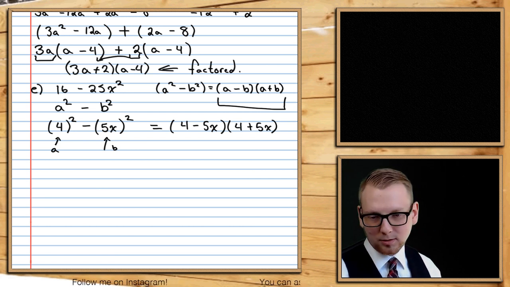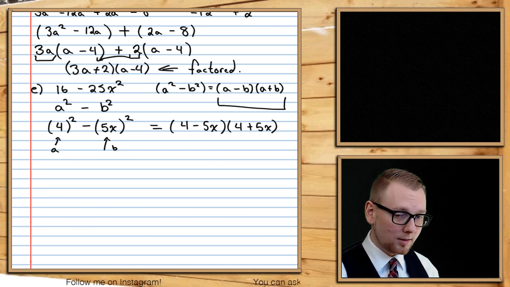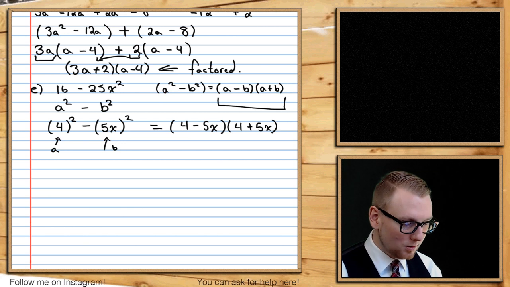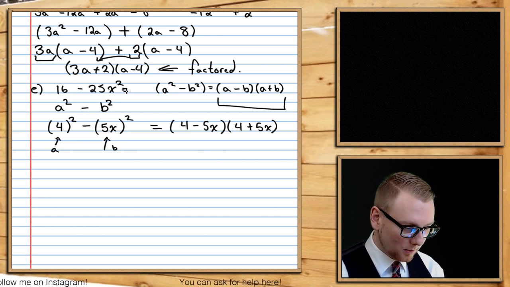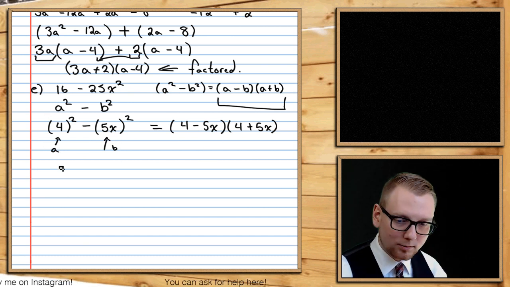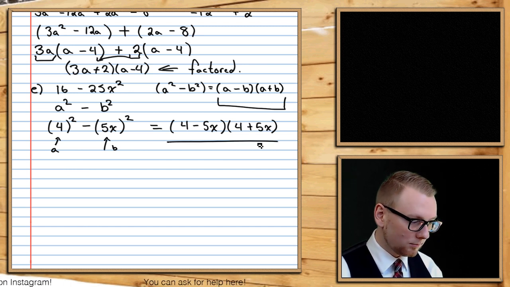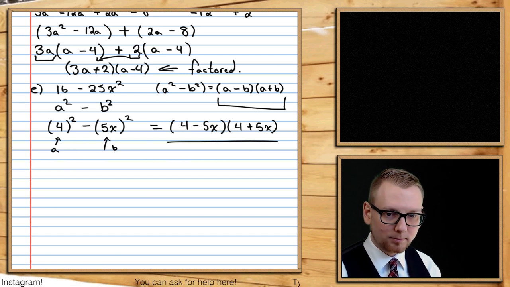I could give you another example and you'd still do the same thing. So do you see how we went from the 16 to the 4 and the 25x squared to the 5x and then plugged it into our formula? Yeah, that's the whole answer. That's factored form.